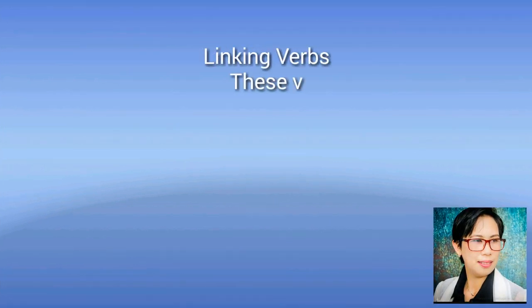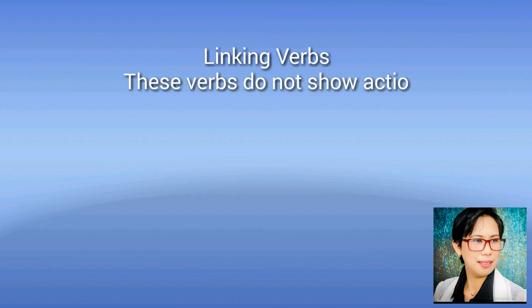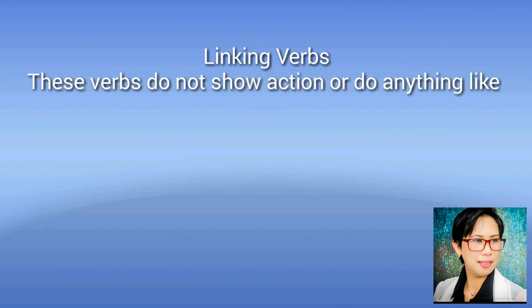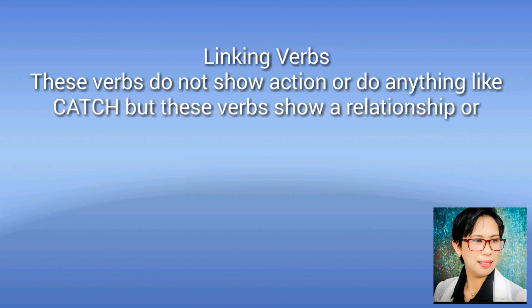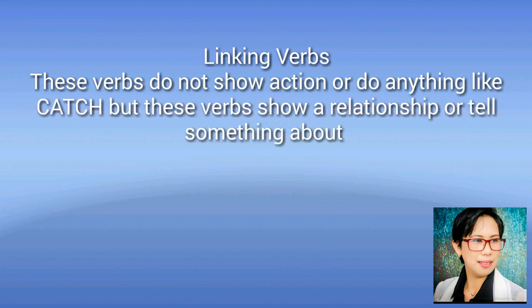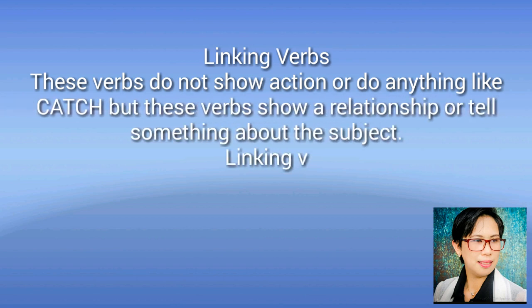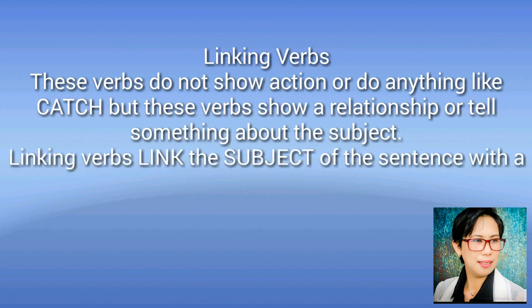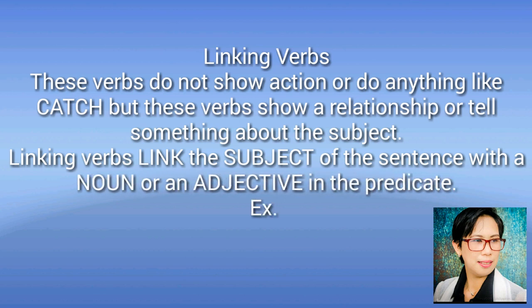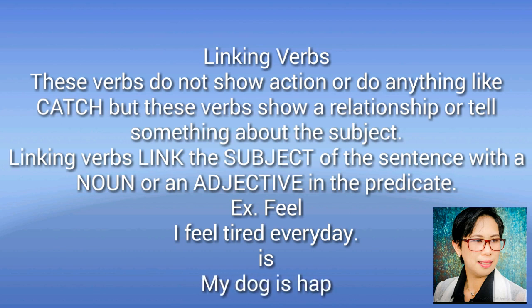The linking verbs. These verbs do not show action or do anything like catch, but these verbs show a relationship or tell something about the subject. Linking verbs link the subject of the sentence with a noun or an adjective in the predicate. Example, feel. I feel tired every day.